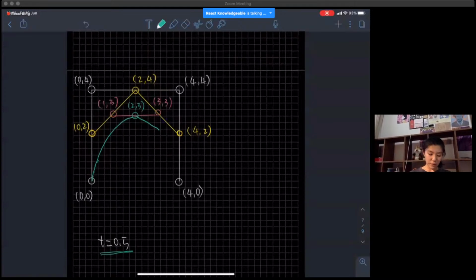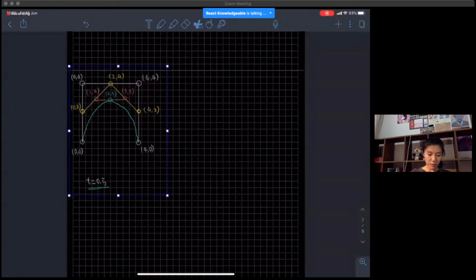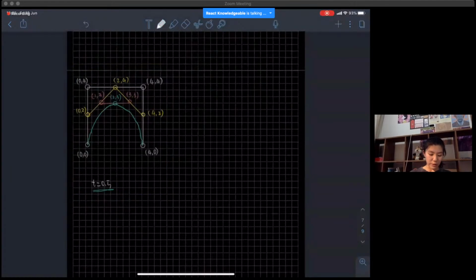So if we are to summarize a little bit of what we did here, we start with those grayish points, and let me call them P0, P1, P2, and P3.